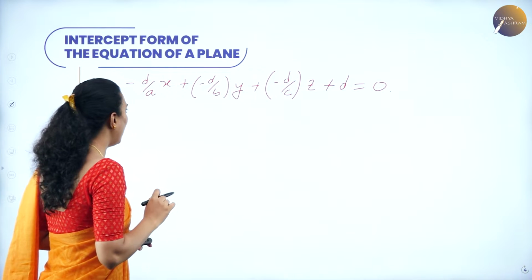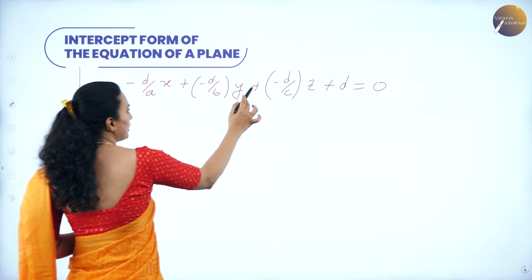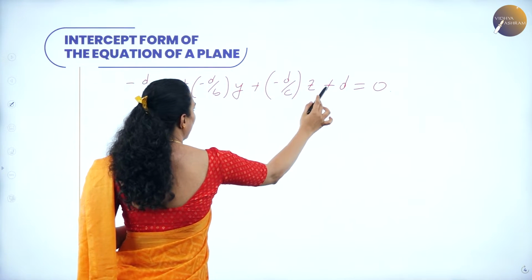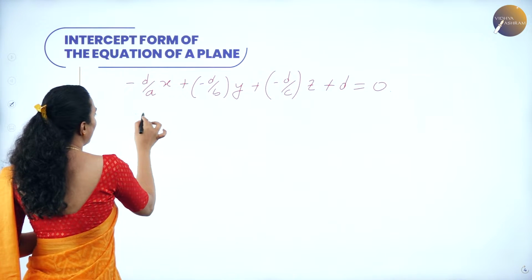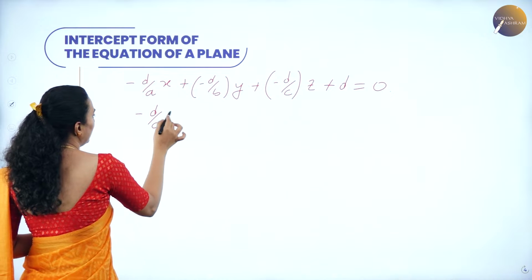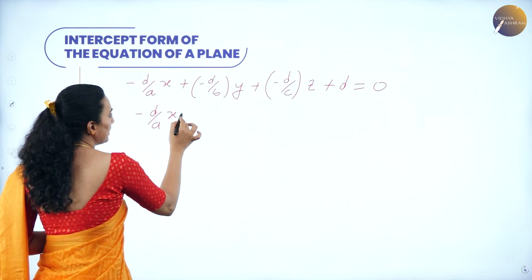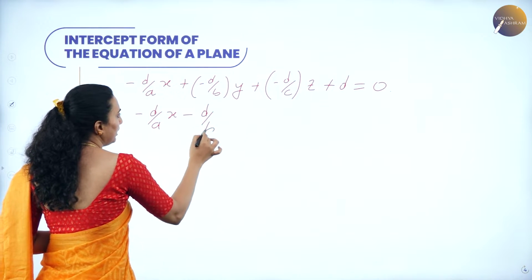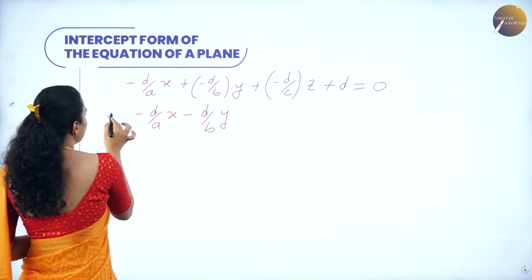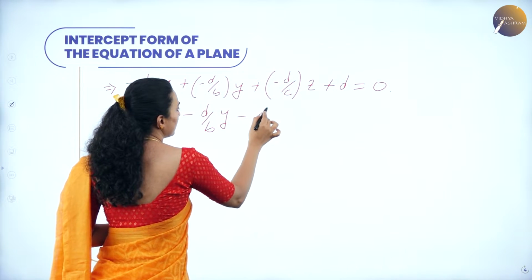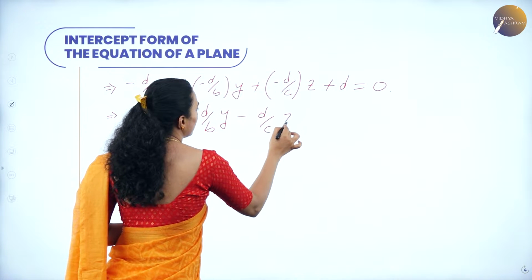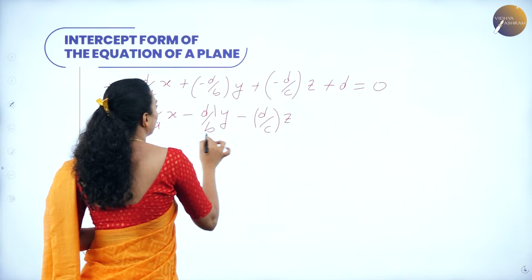Now you have plus into minus is minus, plus into minus is minus. Taking this plus d to that side, it will become minus d. So minus d by a into x, plus into minus is minus d by b into y, plus into minus is minus d by c into z, correct?